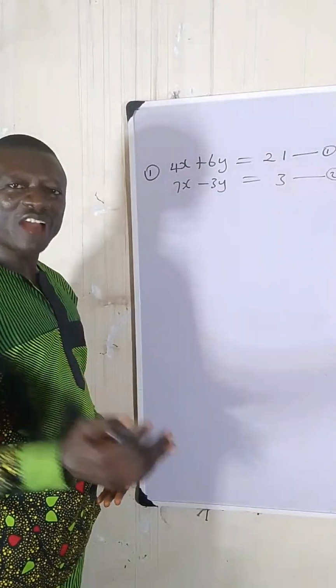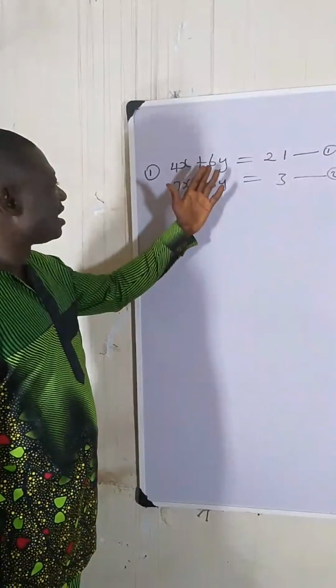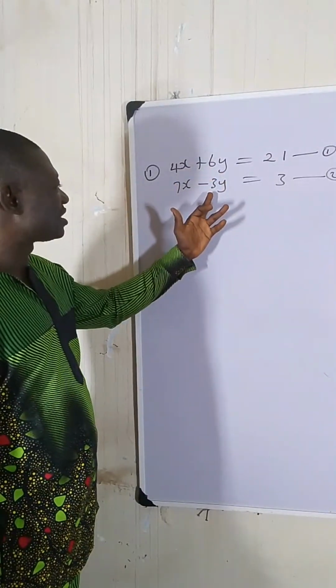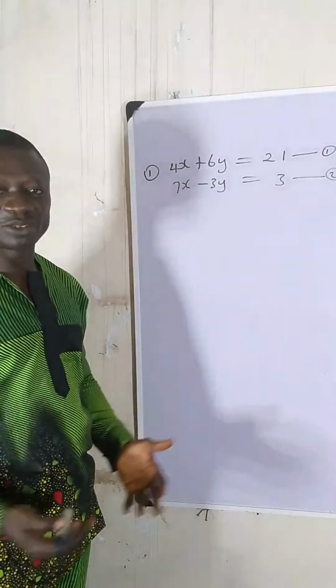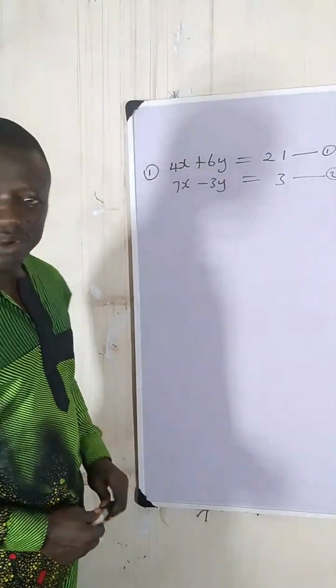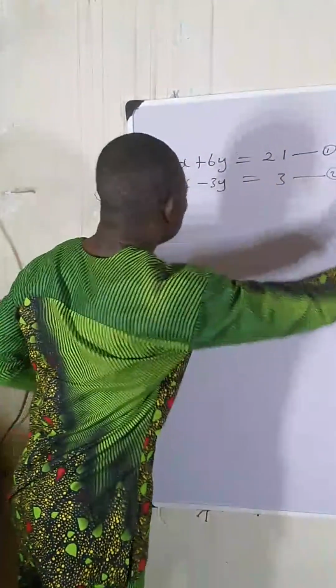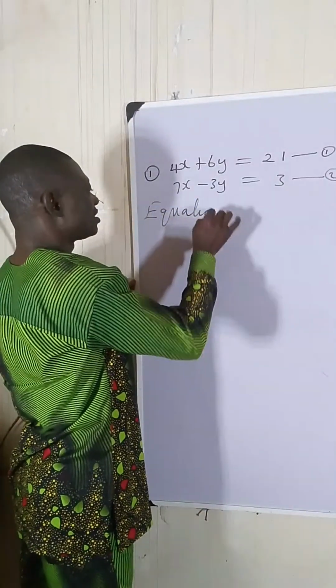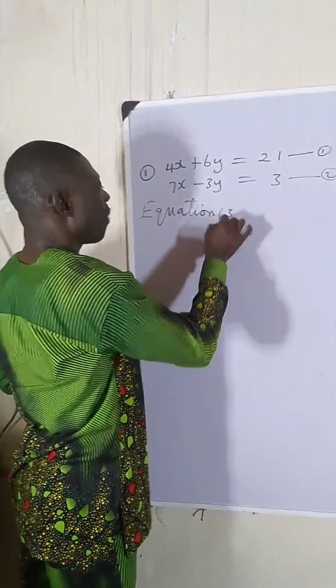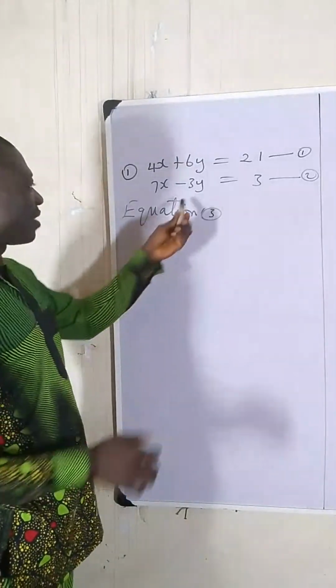We use the fact that 6 times 3 and 3 times 6 will give us the same number. And so we are going to say, let equation 1 times 3. Why 3? Because of the 3 we have here.